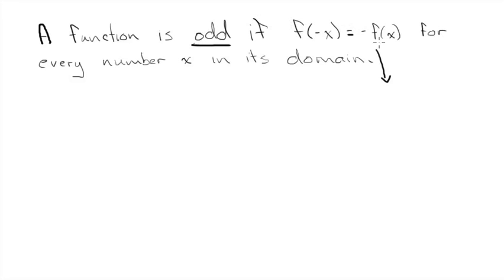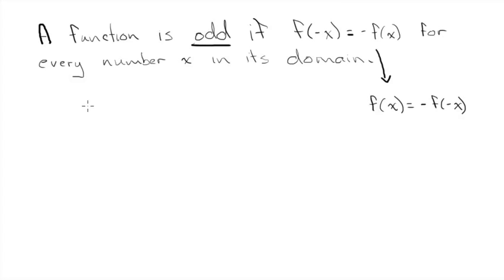I divide both sides by a negative, and I end up with f at x is equal to negative f at negative x. Hopefully you can see these two equations are the same. I've just rearranged the negative, switched their sides.